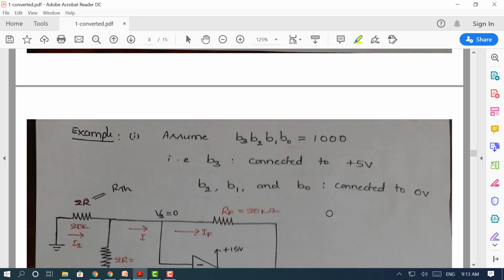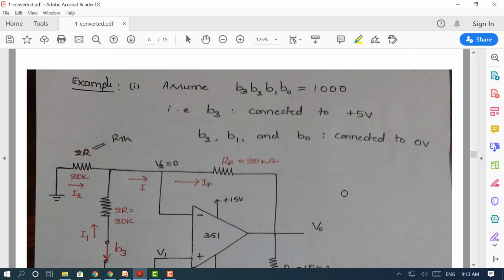Let's take some examples so that we understand how this R to 2R resistor based digital to analog converter works. Let's assume the input combination B3, B2, B1, B0 equals 1, 0, 0, 0. We have made the MSB 1, and we'll see what analog value this digital data represents.